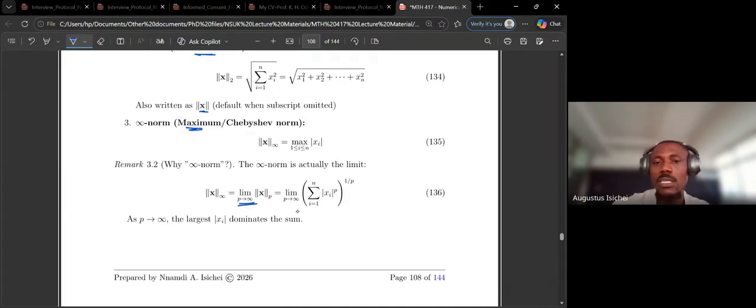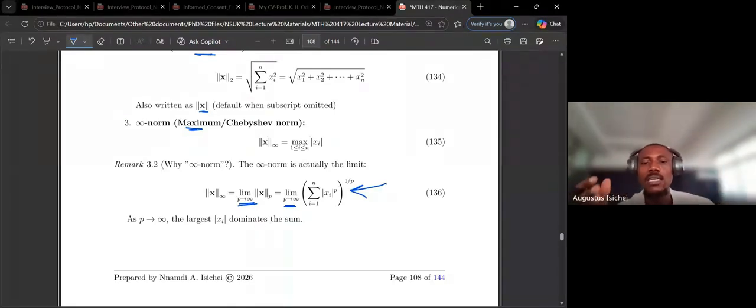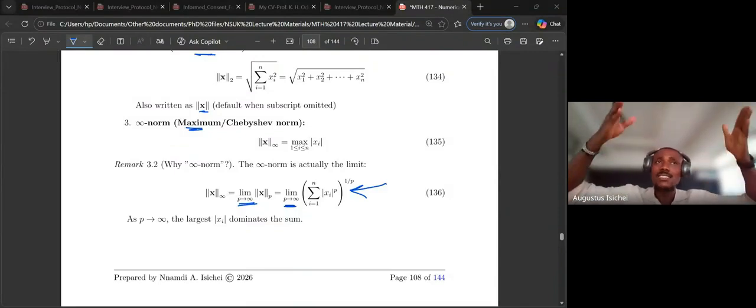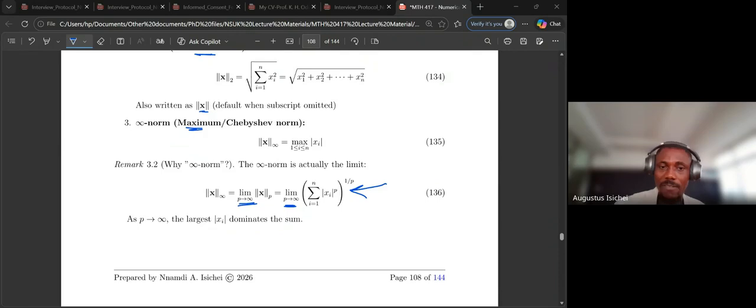That is taking the limit as p tends to infinity of this Lp generalized norm. That is, as p tends to infinity, the largest absolute value of xi dominates the sum. As p grows, the largest entry in the vector dominates the sum of all the terms.